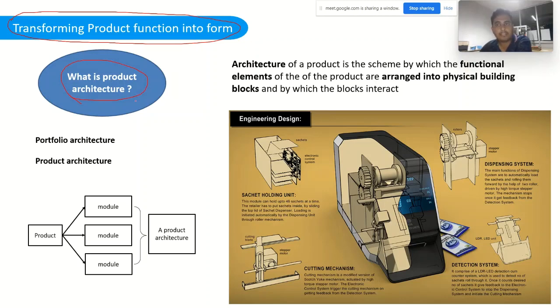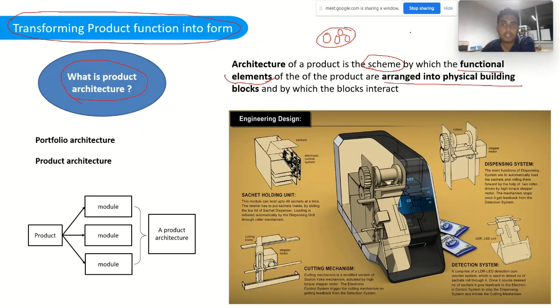Product architecture is basically the scheme by which the functional elements, so just remember these terms, it's a particular scheme. What do you mean by scheme? Scheme means different possibilities, or different particular settings, setups by which the functional elements of the product are arranged into physical building blocks.